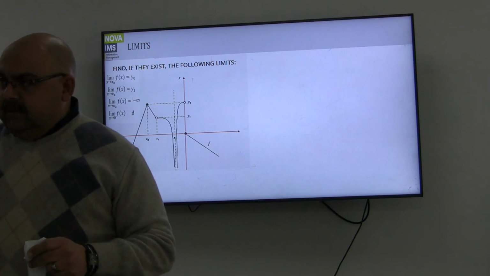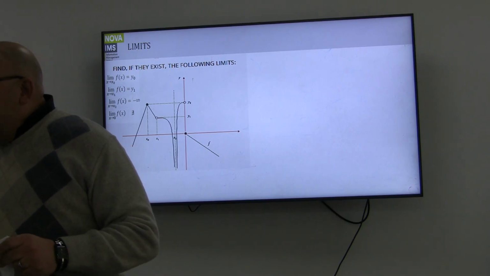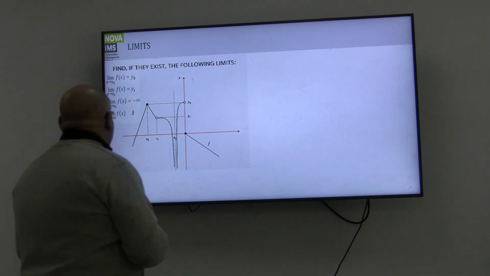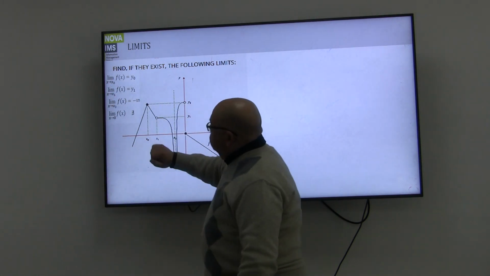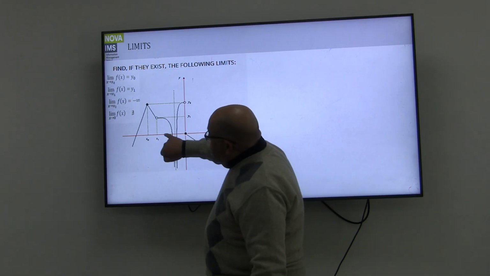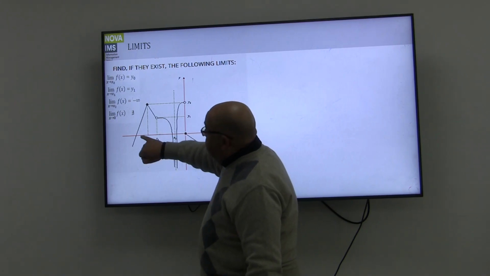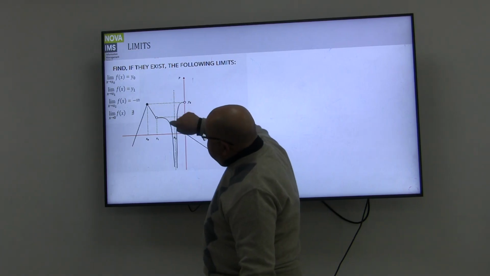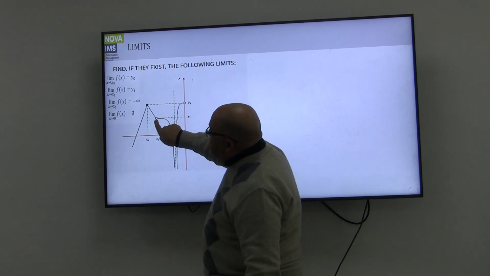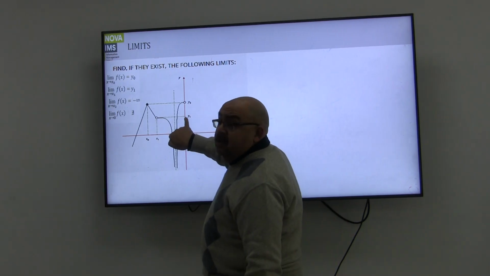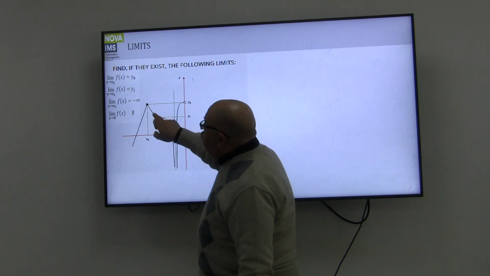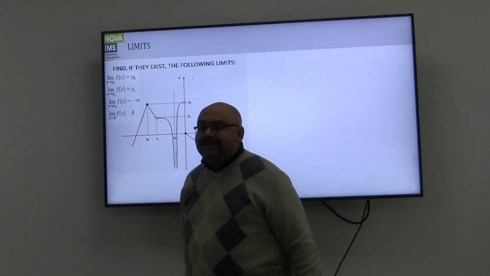If we try to see the limit at x1, x is trying to reach x1 from the left and from the right. Look at our function from the left and from the right. So the value of the function is going to be y1, although y1 is not within your function.